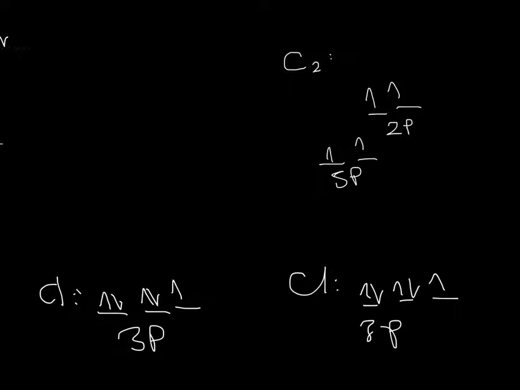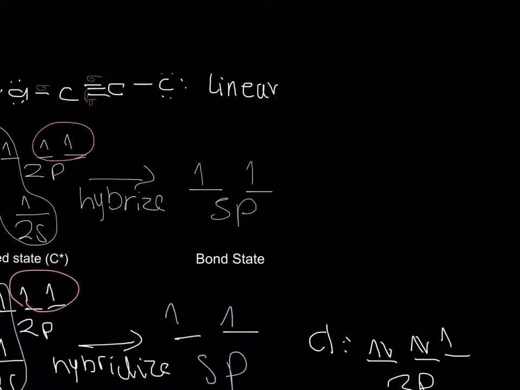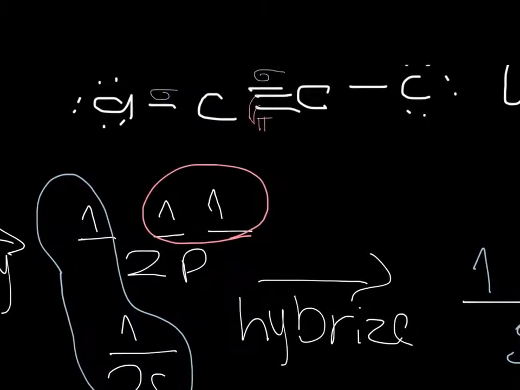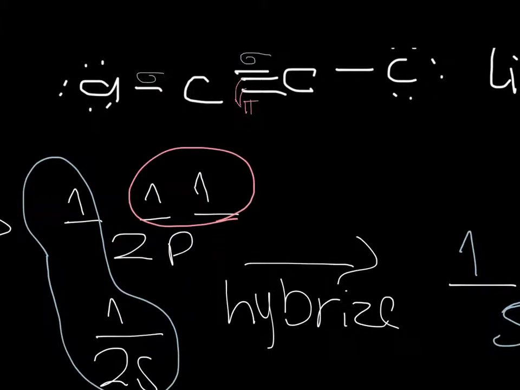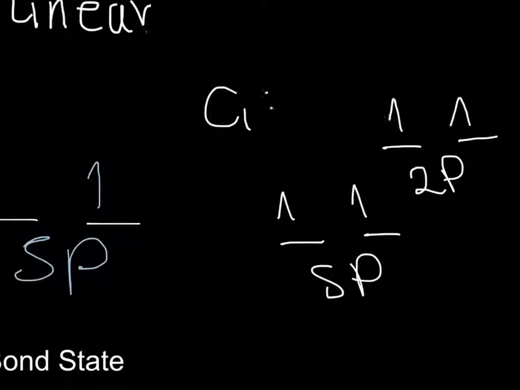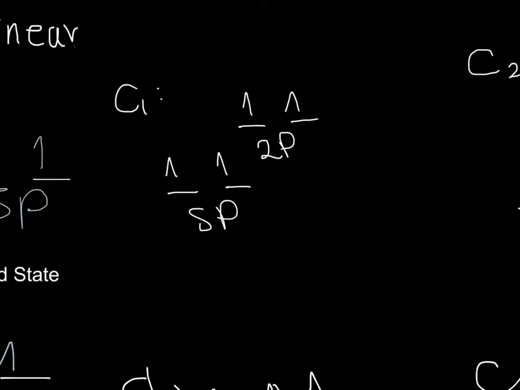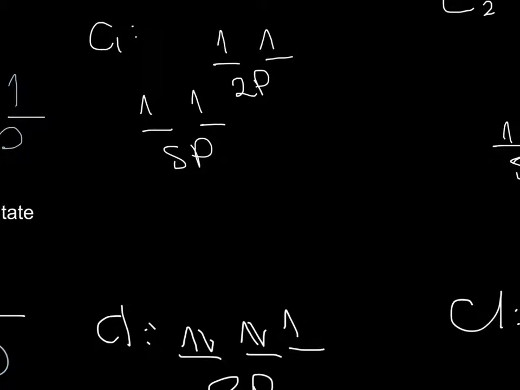But at this point, we need to go back and take a look at our molecule and remember that the bonds between the carbon and chlorine are in fact sigma bonds, and that goes for both sides. Now that means, as we know, that sigma bonds only occur with the sp level.